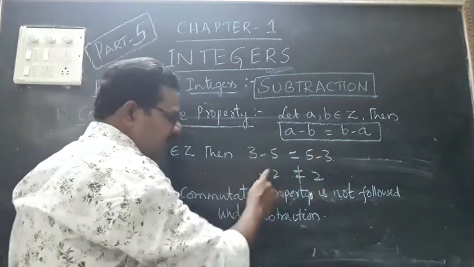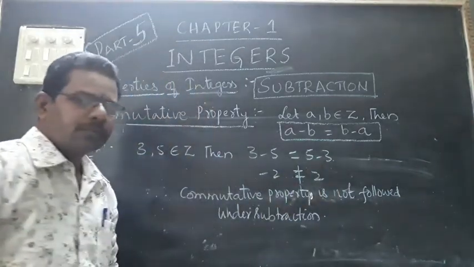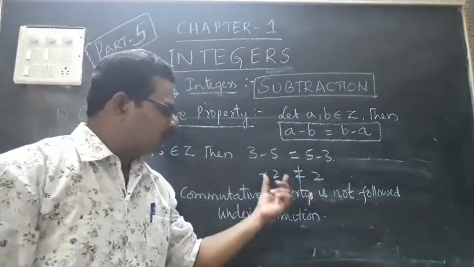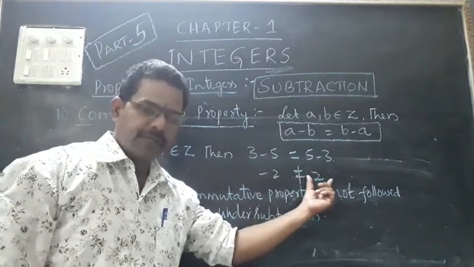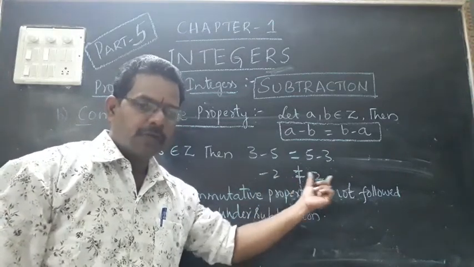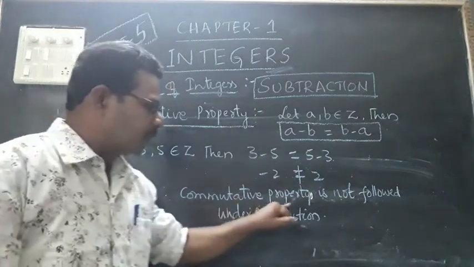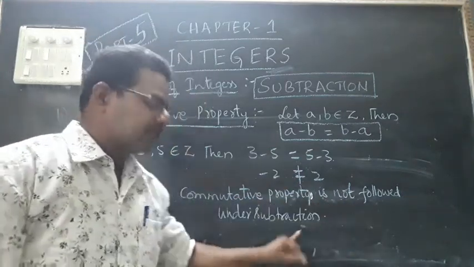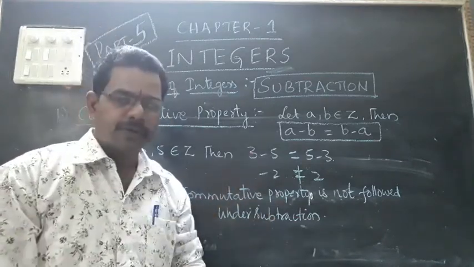So 3 minus 5 is equal to minus 2. And 5 minus 3 is equal to 2. I think you know these two are not equal because this is a negative integer, this is a positive integer. So minus 2 is not equal to plus 2. Therefore, from this we can say commutative property is not followed under subtraction. If you take any two integers, it will not be followed.